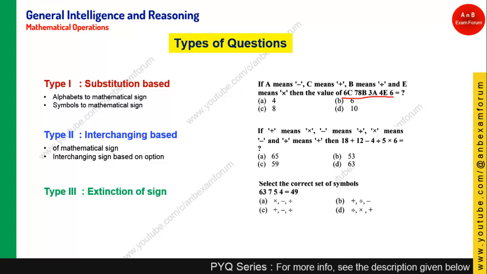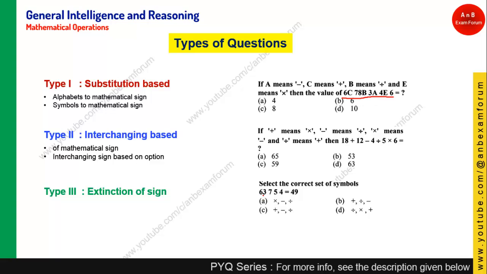The third type is the extinction of the sign, where a certain equation will be given to you where signs will not be there or some empty spaces will be there. You need to choose the option with which this equation is satisfied.